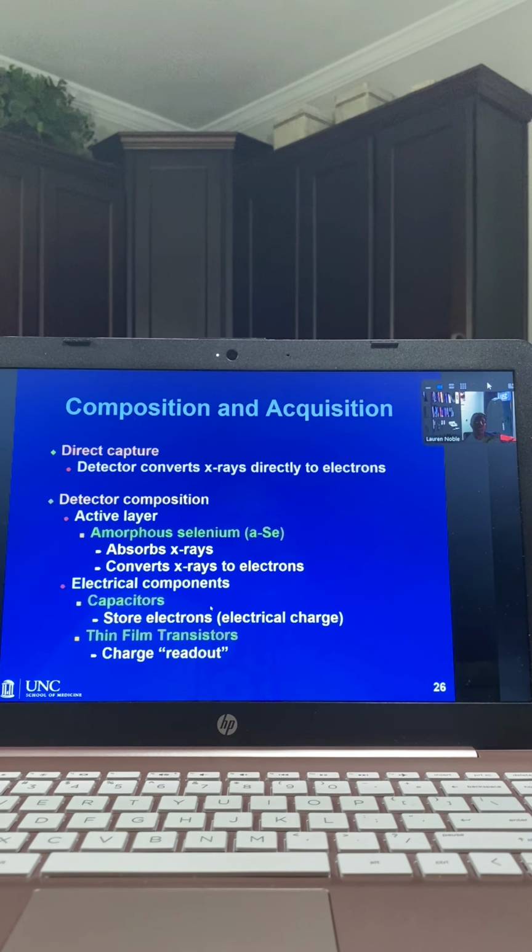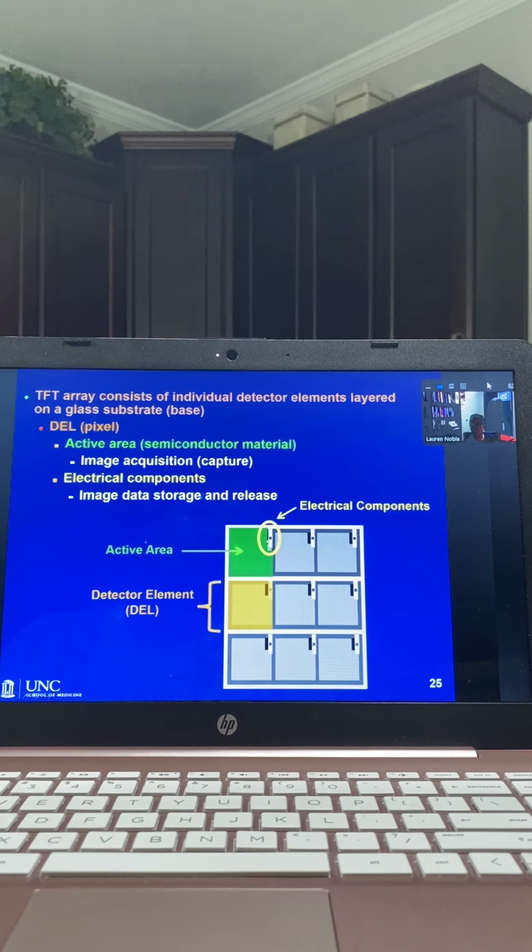And then in terms of the electrical components that exist in the detector, they are capacitors and thin film transistors. So here I'm throwing in a little extra piece. The primary component is what we call thin film transistor, but the little piece up here in this upper corner consists of a capacitor as well as thin film transistor technology.